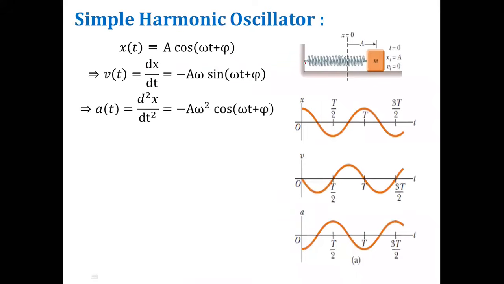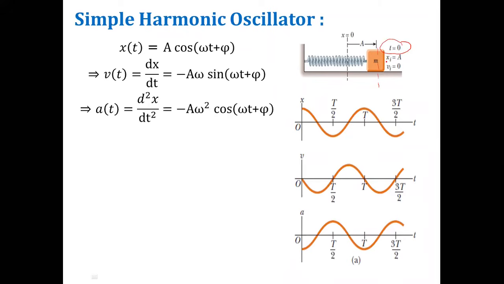This was where we stopped in the last class, and I think we already discussed these solutions over here. So this was where you have your x(t), velocity and acceleration. Now, in this particular scenario, we are again starting our clock from this point. I'm saying at t equal to 0, this was where my mass was sitting.